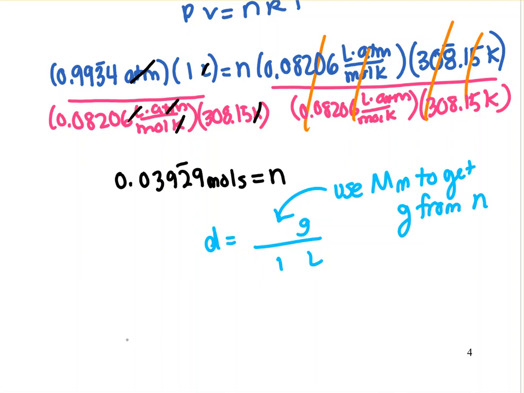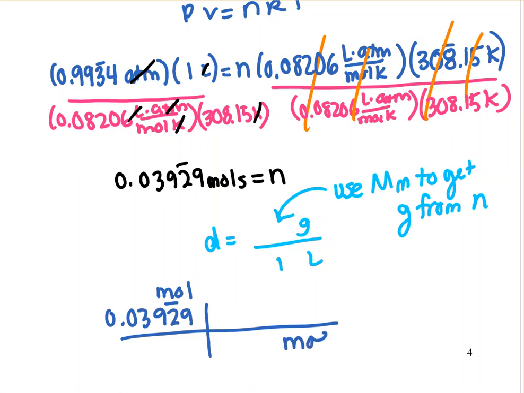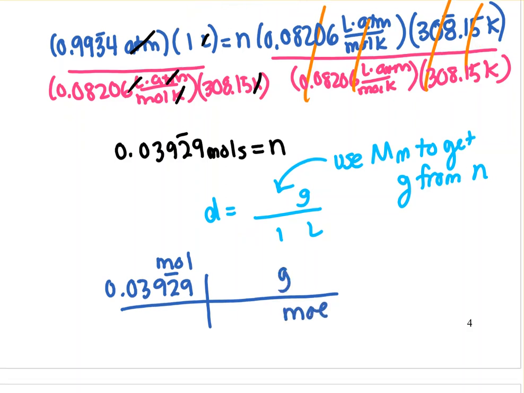So I'm going to just take my moles times the molar mass. What is this? This is helium. So just an atomic weight off the periodic table. 4 goes up here.